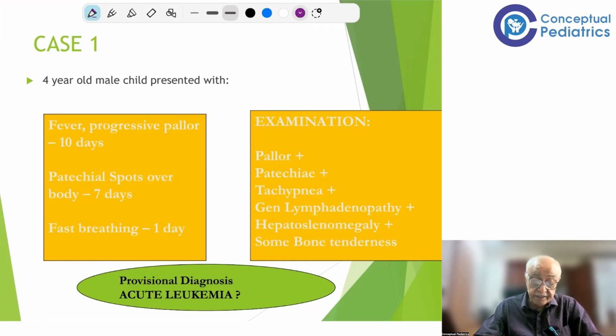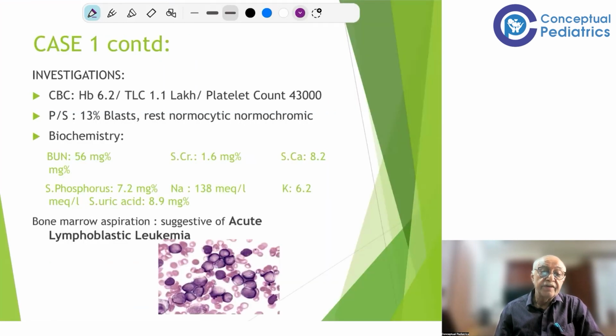So the case is clinically very clear: you have hepatosplenomegaly, fever for about 7-10 days, generalized lymphadenopathy. A possibility of acute leukemia was, of course, kept in mind. The child was investigated, and investigations revealed a hemoglobin of 6.2 with a TLC of 1.1 lakh.